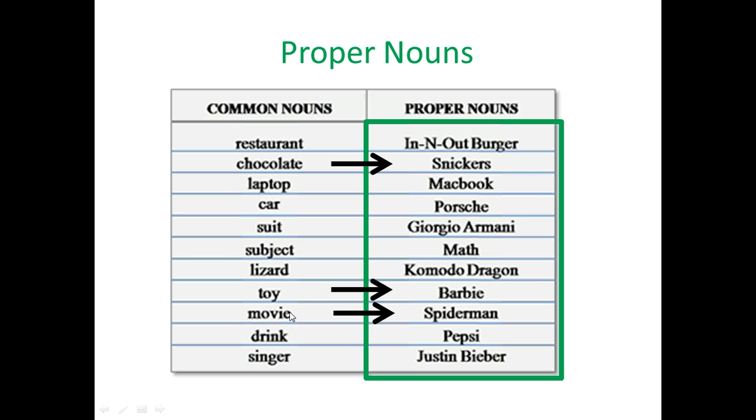Movie is a common noun, but if you name a specific movie, like Spider-Man, this is considered a proper noun, and all proper nouns get capital letters. Finally, this one is probably one you're most familiar with because it's a name just like your name, Justin Bieber. He is the specific name of a singer, and so he is considered a proper noun.